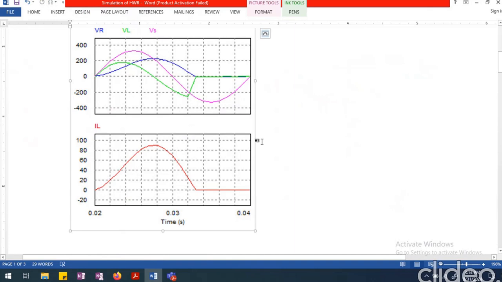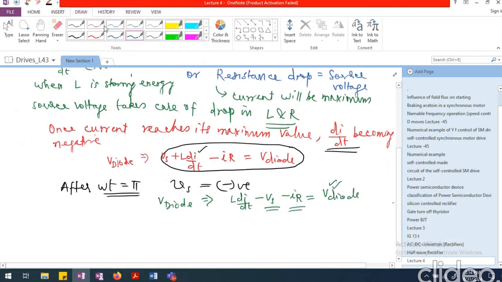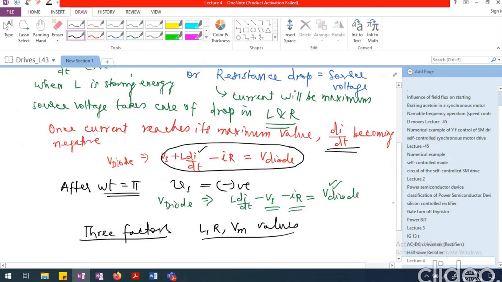That is why I said how long the overall current continues will depend mainly upon three factors. The three factors that determine the continuity of current are L, R, and Vm values. These values are going to decide how long your current would be able to continue.